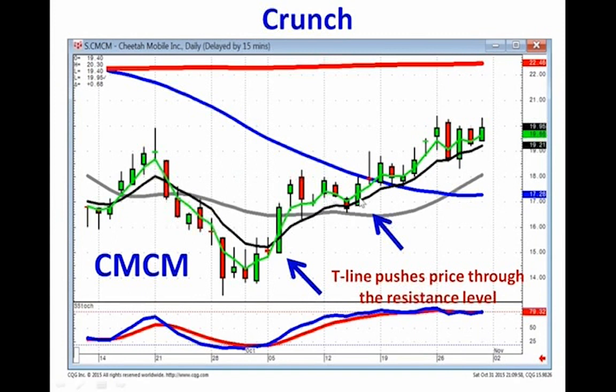And the T-line crunch is, everybody can see this is a resistance level. But if they're pushing this right up through the resistance level, that's called a T-line crunch, that they can't close it below the T-line and they're pushing it through the major resistance level. We're watching from down here to see whether it's time to sell at that resistance level or continue to hold.